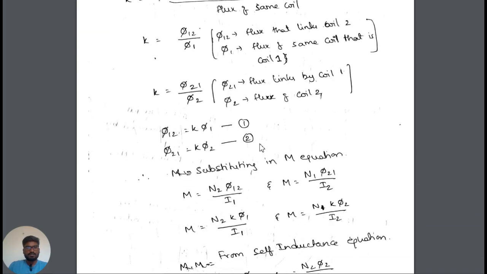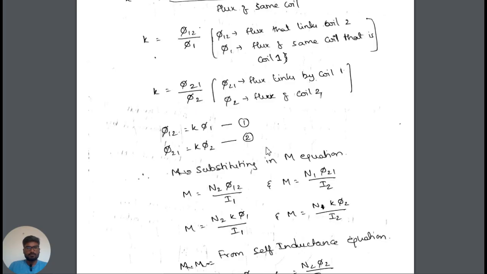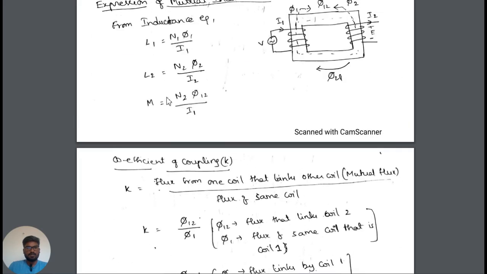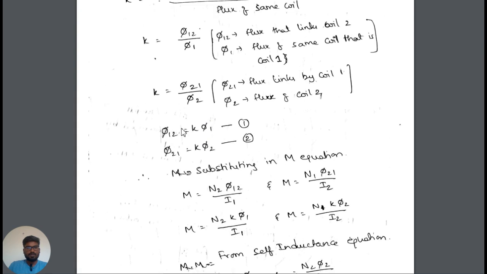If we rewrite this, phi12 is equal to K times phi1, and phi21 is equal to K times phi2. Substituting in the equation for M, earlier we saw M will be N2 phi12 by I1. We know phi12 is equal to K times phi1.